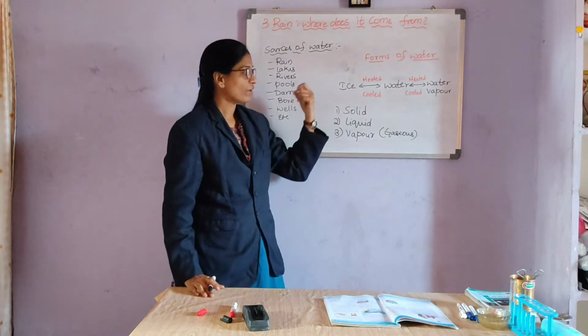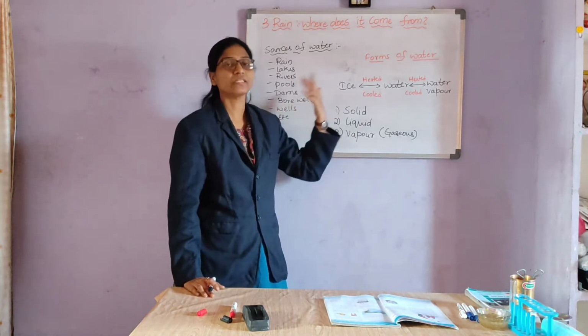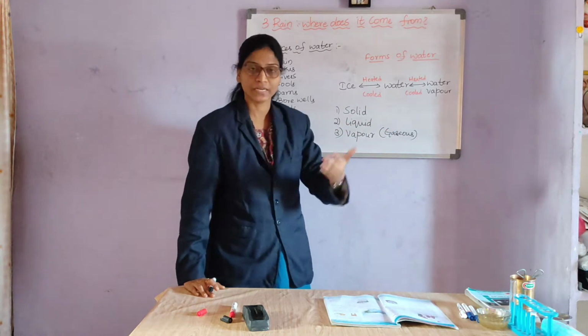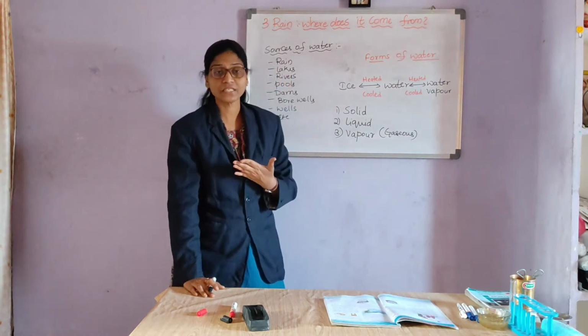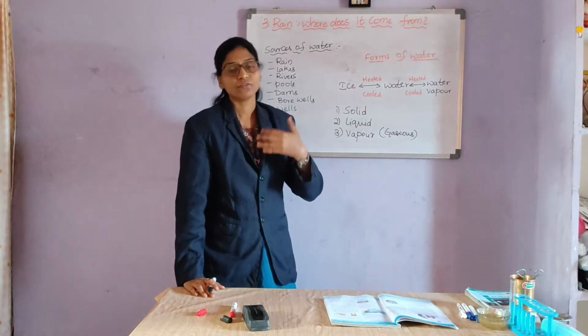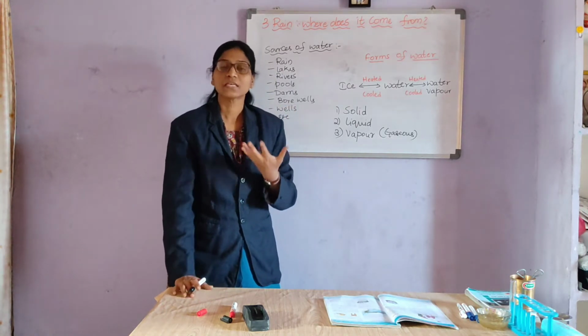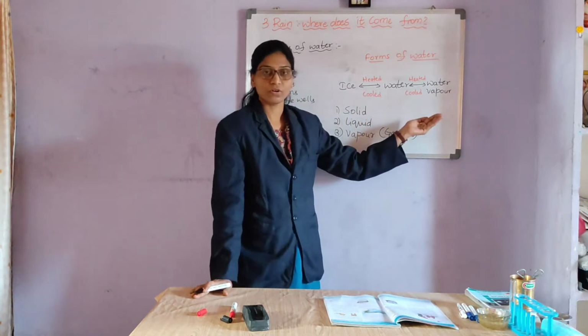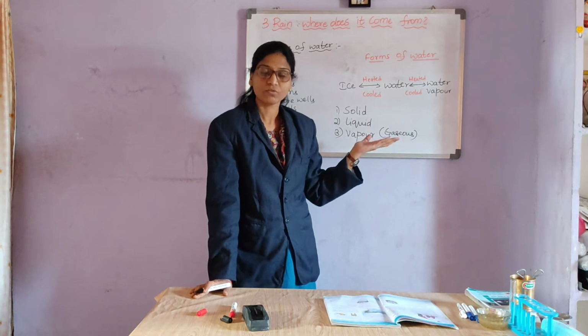When we are heating water and it converts into water vapor, this process is called evaporation. The process of conversion of water into water vapor is known as evaporation. Next, when we cool the water vapor, it gets converted into water.